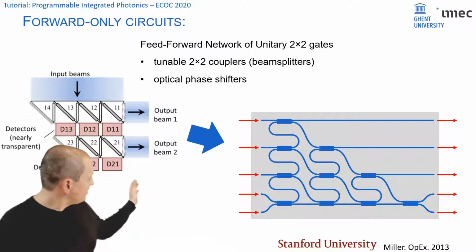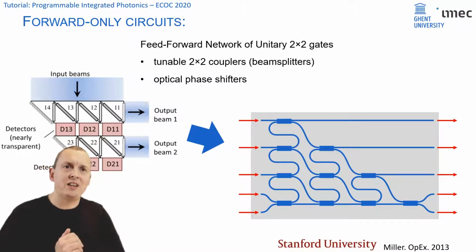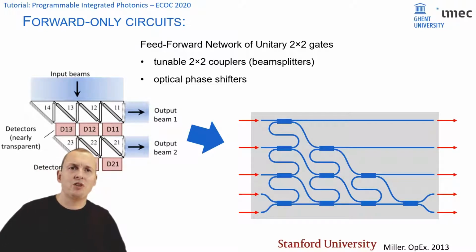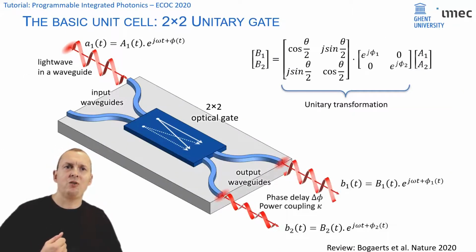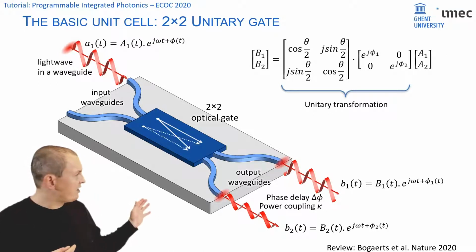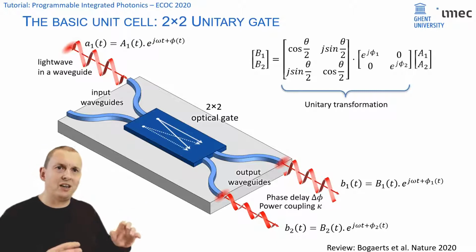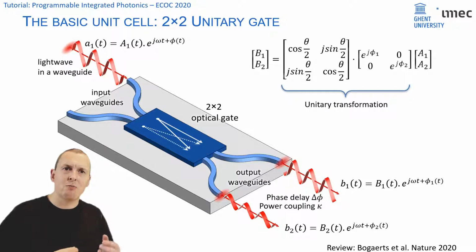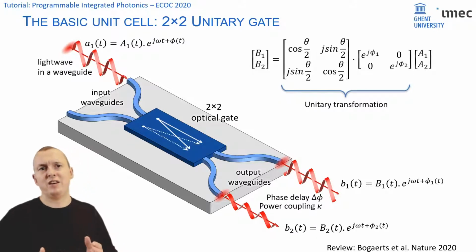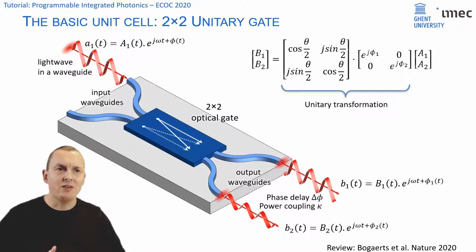In this triangular lattice that we show here, the building blocks are a tunable coupler and a phase shifter. And these together form what we call the basic unit cell of a 2x2 unitary gate. In its most generic form, this unitary gate has two inputs, two outputs, and it performs any unitary or lossless linear combination between the inputs and the outputs by tuning the coupling and tuning the phase delay between the different waveguides.